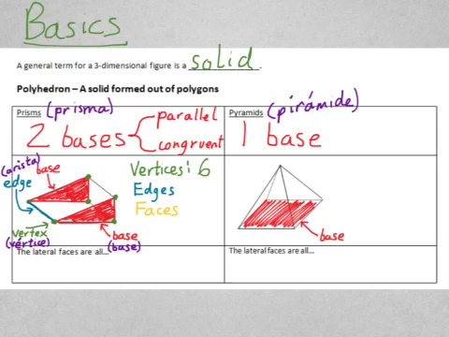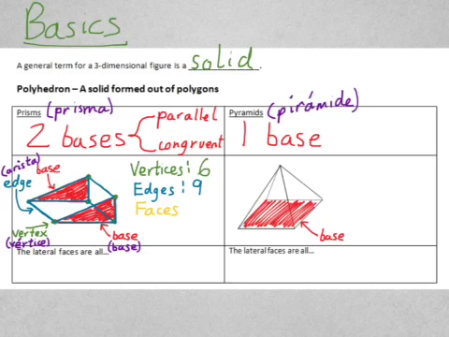But anyway, that's where two faces come together. How many edges do we have in this figure? We have 1, 2, 3, 4, 5, 6, 7, 8, and 9. There, we have 9 edges. Okay, you see how that worked?